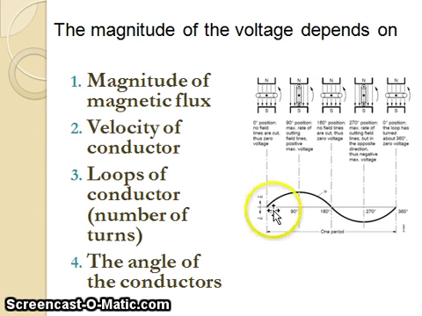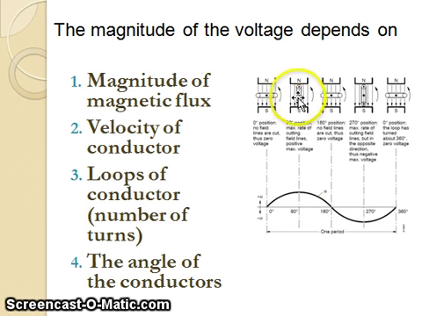So indirectly, it will depend on the strength of the field. The stronger the field, you get more flux per square meter. That is the flux density. More flux density, then you expect to have higher voltage.